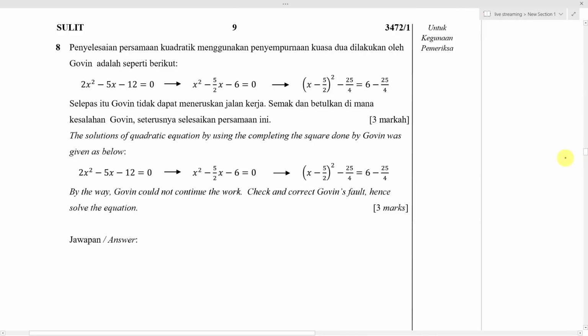Alright, this question is a bit unusual because normally we don't have a question like this. You help the mathematician or someone else to correct his working. Okay, if I do the complete the square myself, the first step makes sense because we always want to make our coefficient of x squared become positive 1.